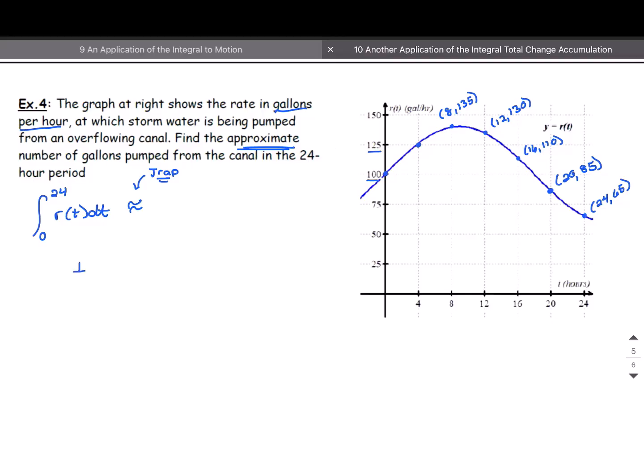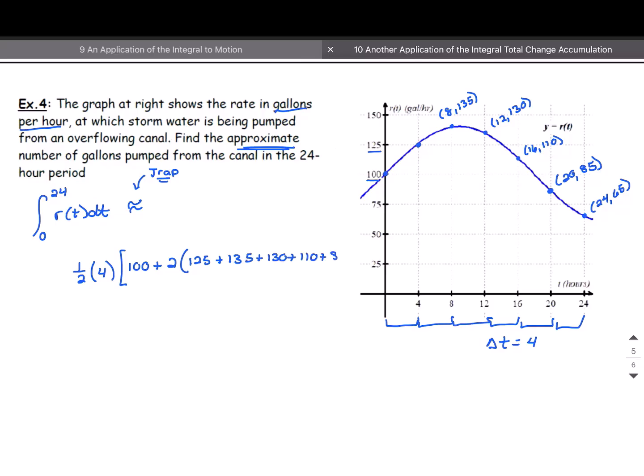Our trapezoidal rule is 1/2 times, what's our delta t? We went from 0 to 4, 4 to 8, 8 to 12, 12 to 16, 16 to 20, 20 to 24. The delta t on each of them is 4. Awesome, we can do this in one step. So our delta t times our function value at time 0 is 100, plus 2 times our function value at 4 is 125, plus 135, plus 130, plus 110.